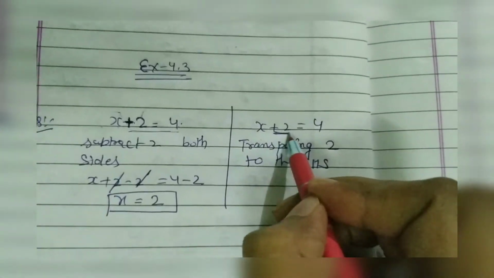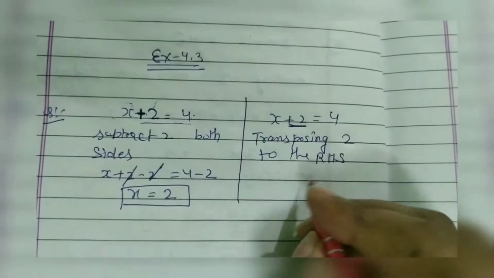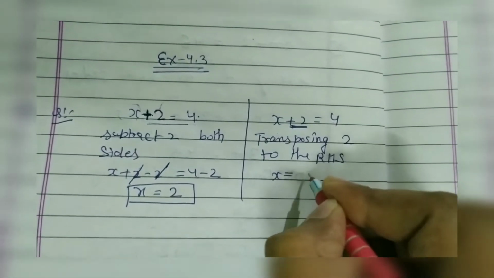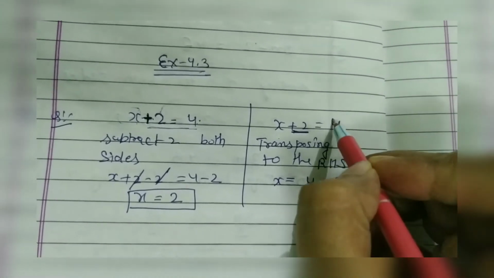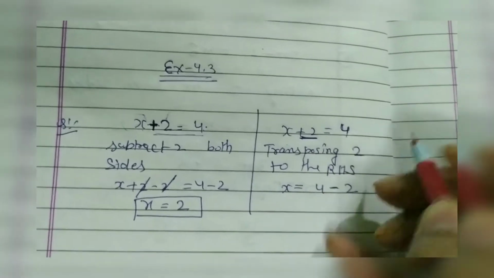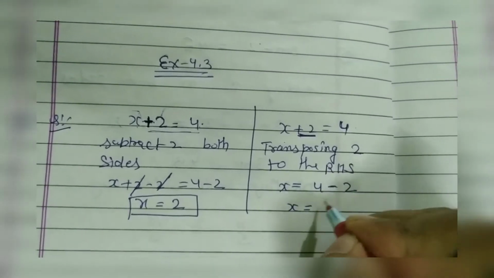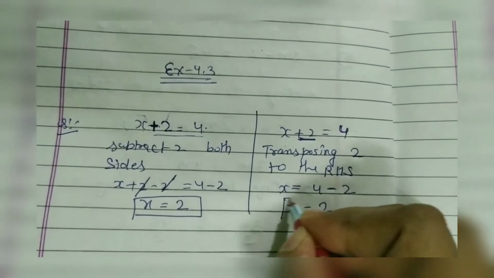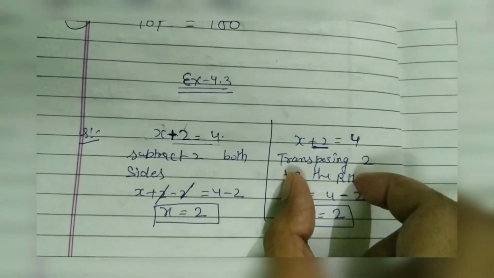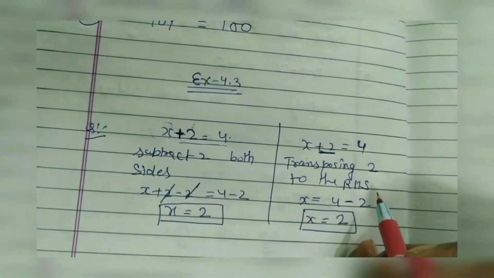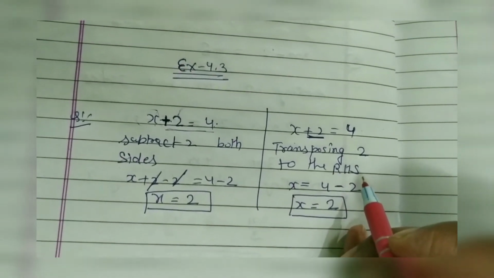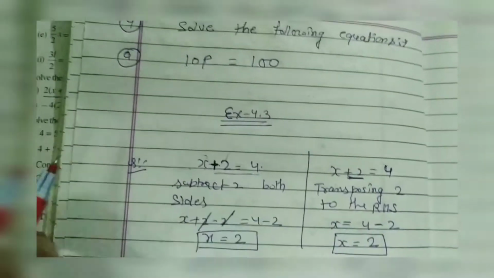Here it is plus, so it goes as minus: 4 minus 2, and x is equal to 2. So we apply the second method in this exercise. This is the shortest method. You can also apply this method in exercise 4.2.